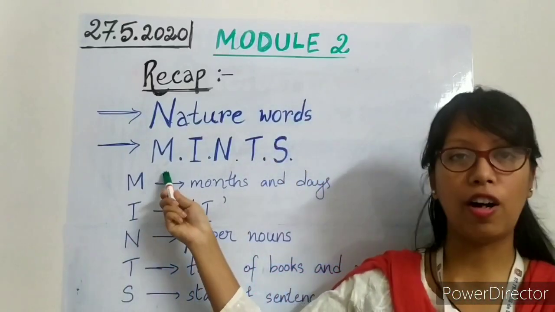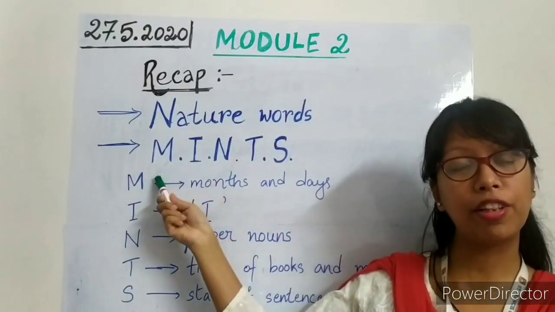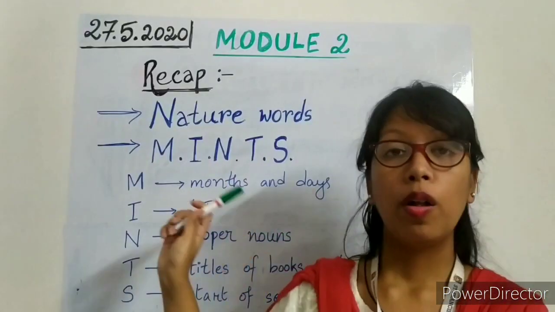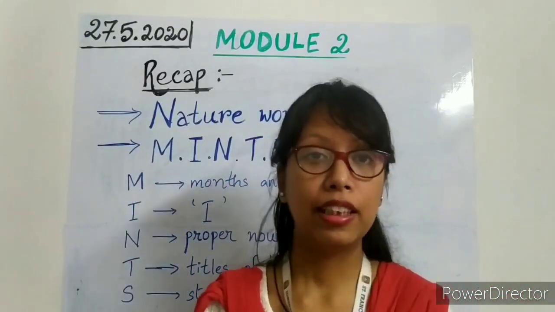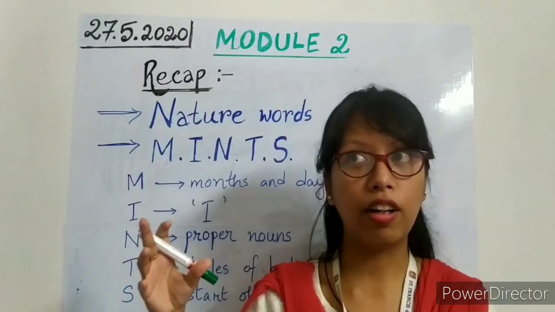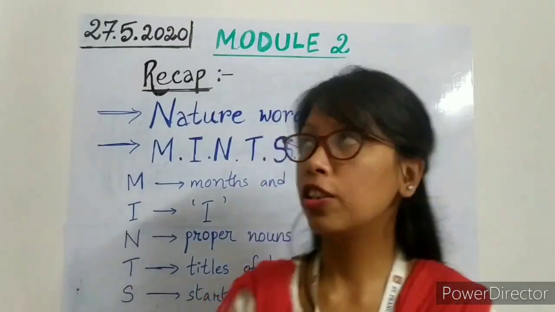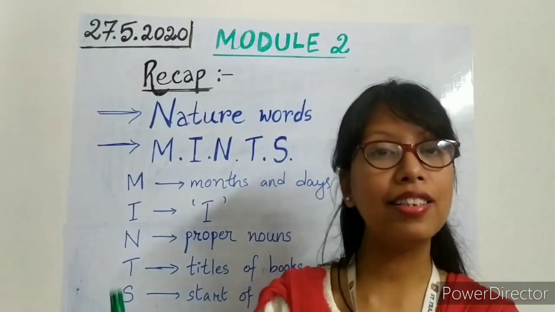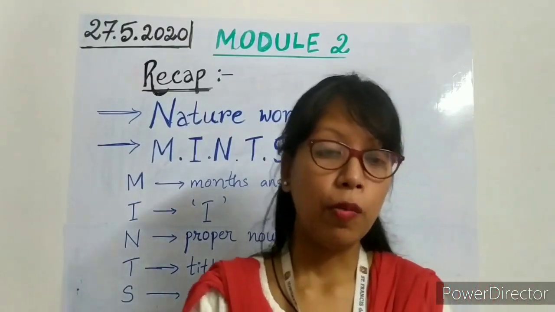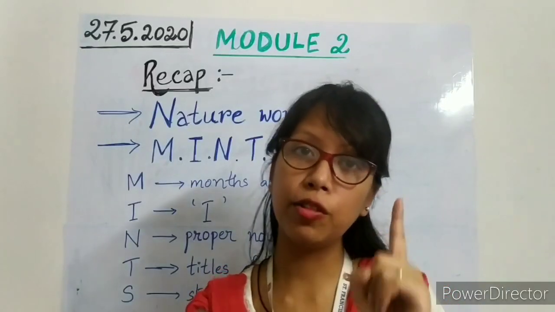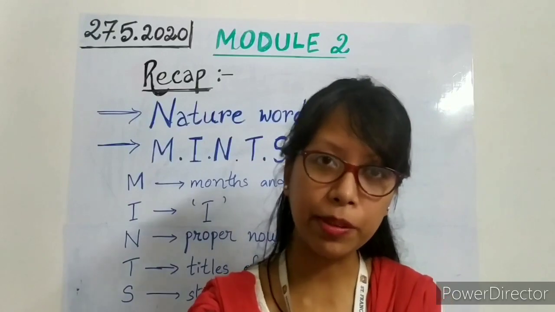Next we did the acronym MINTS, right? So when do we use MINTS? This acronym reminds us when to use capital letters. M is for months and days. Whenever we are writing the name of a month or a day, we always use the first letter as capital.